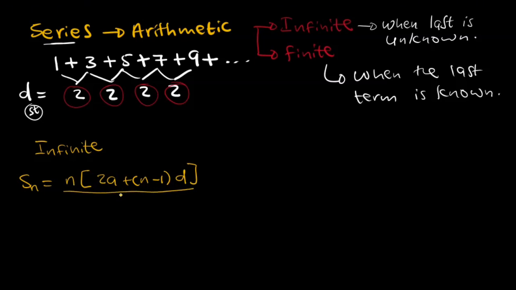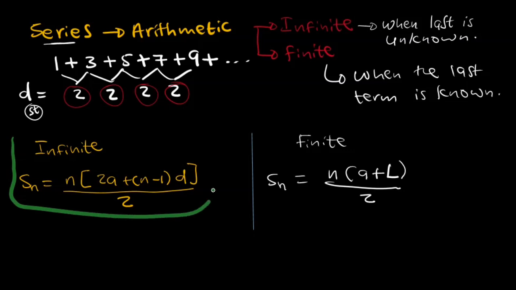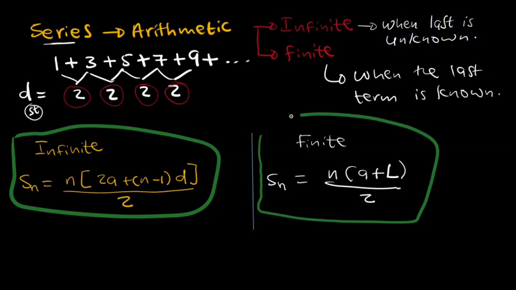Therefore, for a finite arithmetic series, Sn will be n times a plus l, meaning the last term is known, all over 2. You should make sure that you know these two formulas.